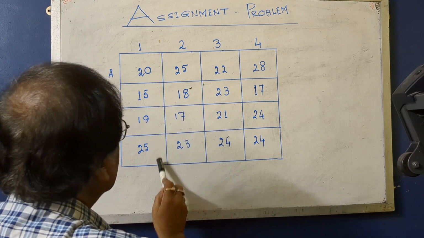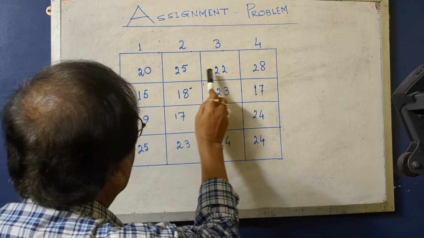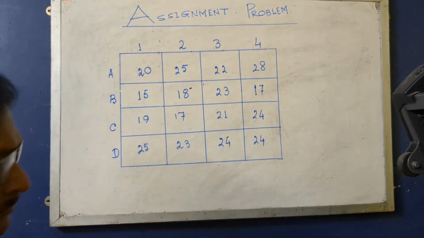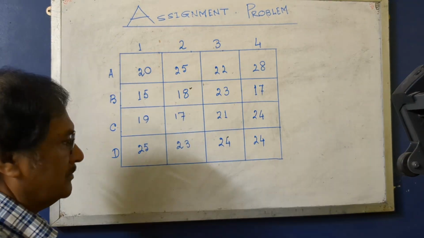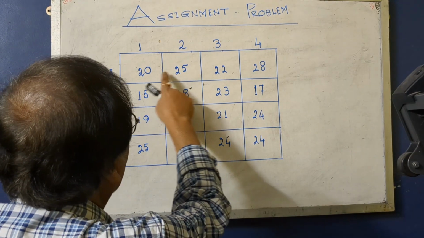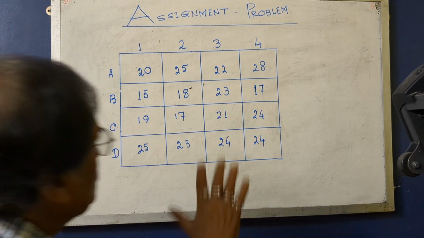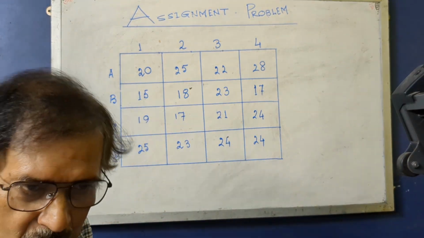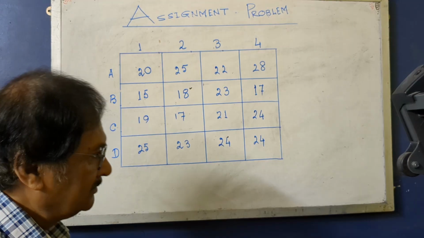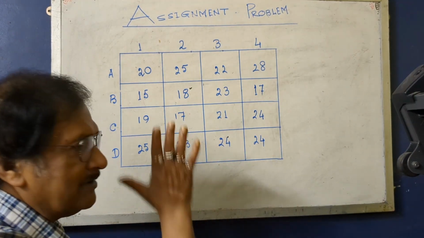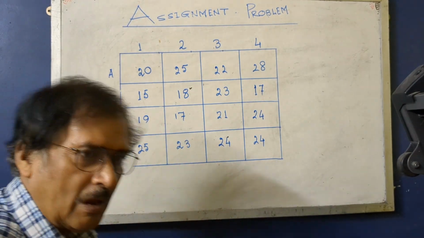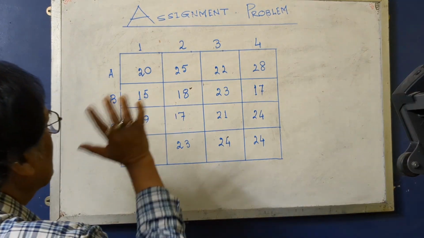First row: 20, 25, 22. Out of this, which one is minimum? 20 is minimum. You will subtract 20 from all elements and note it down. I am doing it on the same table, but you will do it in a separate table, because the space is limited.